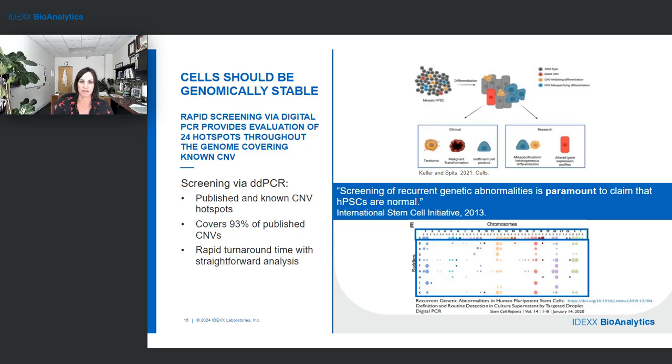So this assay has a rapid turnaround time and covers up to 93% of the published CNVs that are out there, and has a very straightforward analysis as well, and provides some data when you do find the CNVs of what that may mean for those cells.